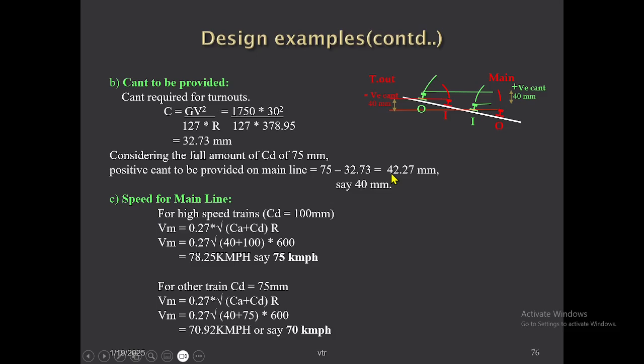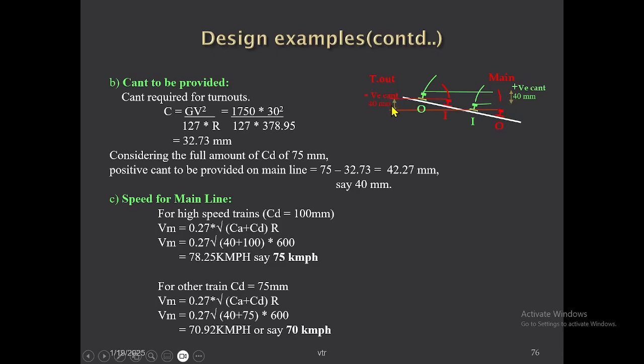When we put negative cant on the turnout side, that will become positive cant for the main line. So that is why we are availing the full cant deficiency of 75 mm minus the cant required for the turnout, 32.73. It comes to 42.27, and say we are providing 40 mm. When you provide a negative cant of 40 mm to the turnout side, that will become positive cant for the main line. Here you see, this is your negative cant.